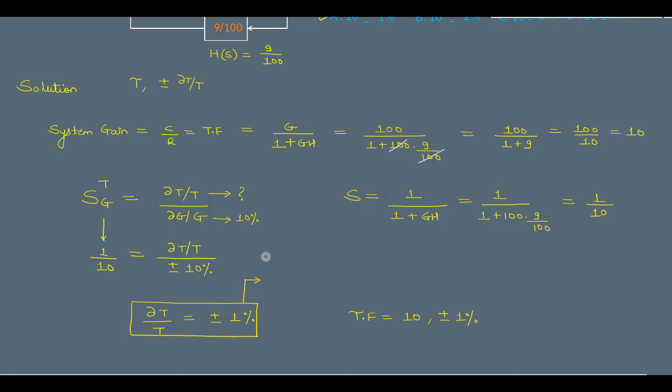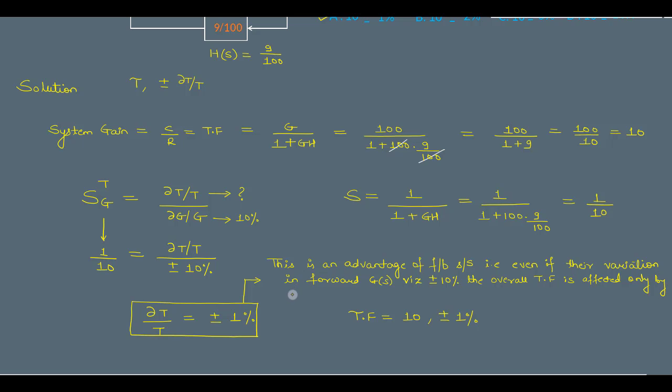So we can write, this is an advantage of feedback system, that is, even if there is variation in forward path G of S, which is plus minus 10%, the overall transfer function is affected only by 1%.